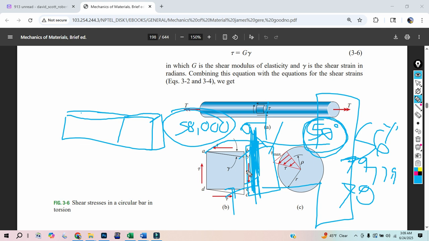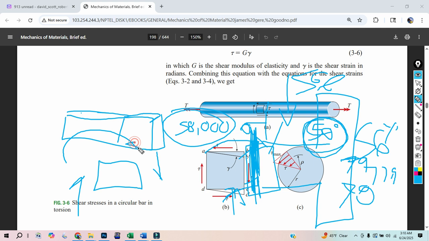One of the reasons is that if I applied 58,000 pounds down and 58,000 pounds up, this thing is just going to rotate in space. The bolt I'm trying to shear is just going to spin. The only way to prevent it from spinning with a moment like that is to balance it by putting a force there.